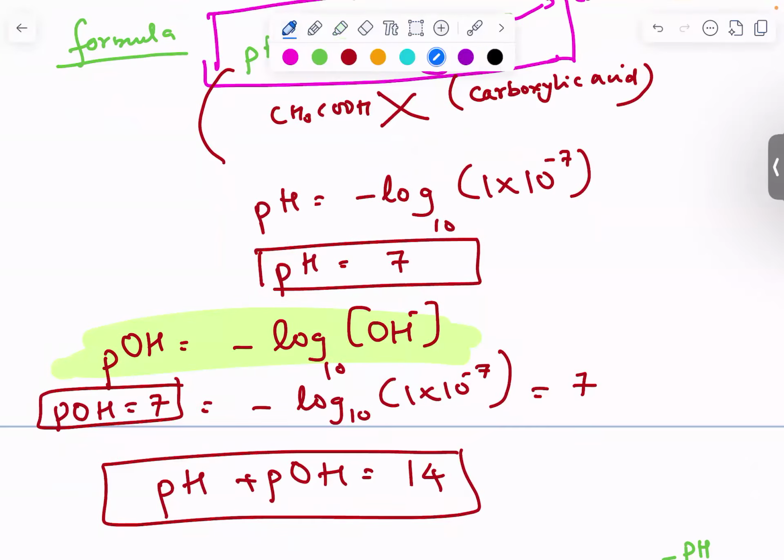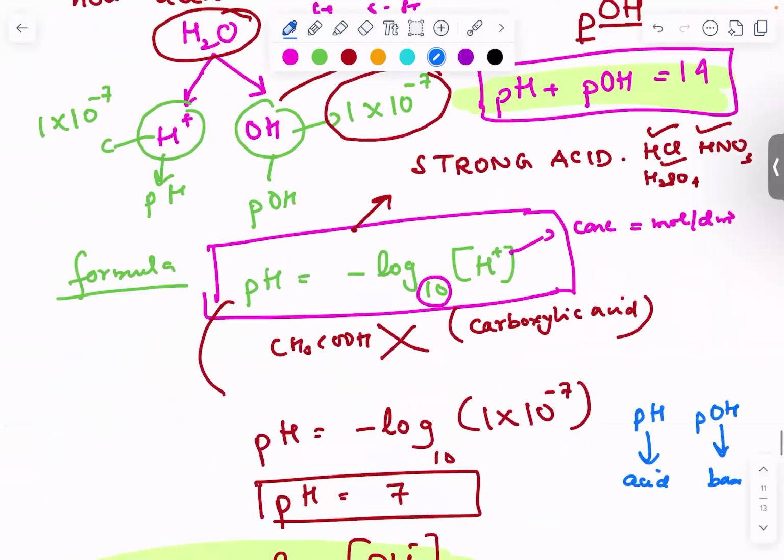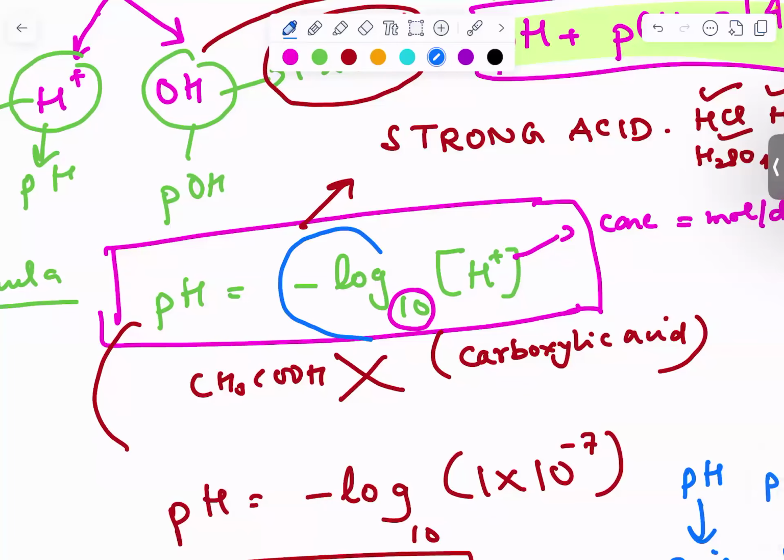I think you have already got that pH is for acid and pOH is for base. And then the pH number is inversely related to hydrogen ions. We have already done that. When we take minus log to the base 10, that means we are doing the inverse of this thing.